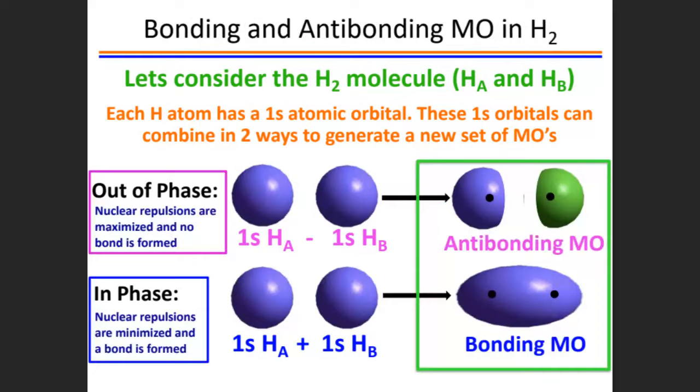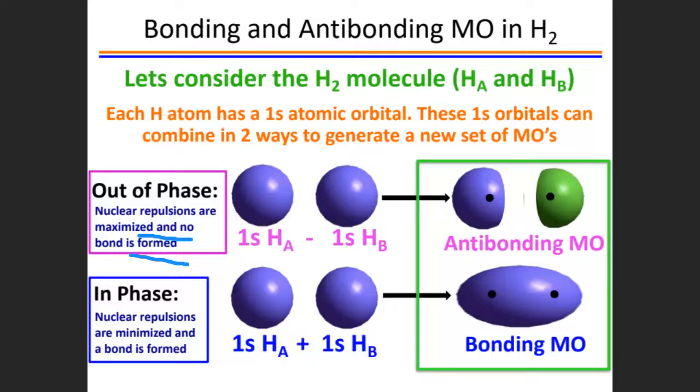After this slide I will go back to the blackboard because I need to draw something to explain more clearly. But let's see first. We now know that in out of phase, nuclear repulsions are maximized and no bond is formed.